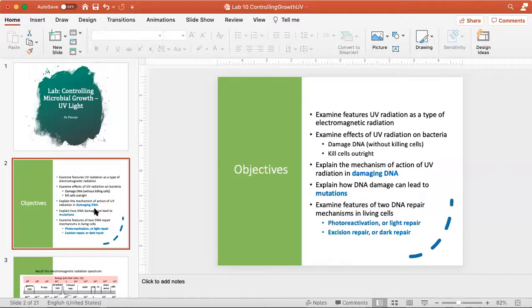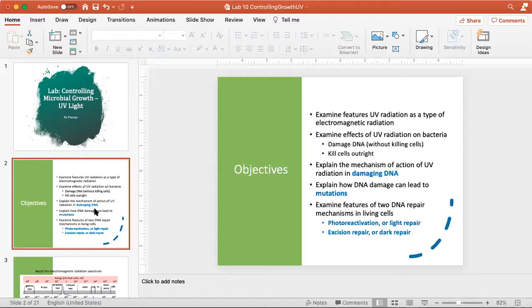On this slide, you're looking at a list of our objectives for our meeting today. We want to talk first about ultraviolet radiation and the features of UV radiation. Ultraviolet is just one of the types of electromagnetic radiation that we experience as inhabitants of planet Earth.